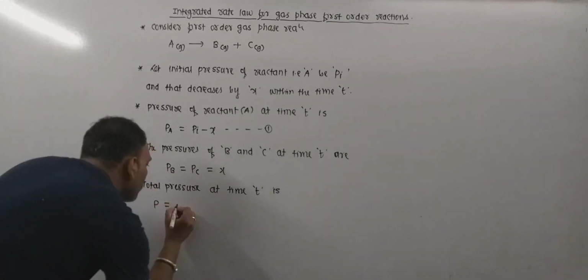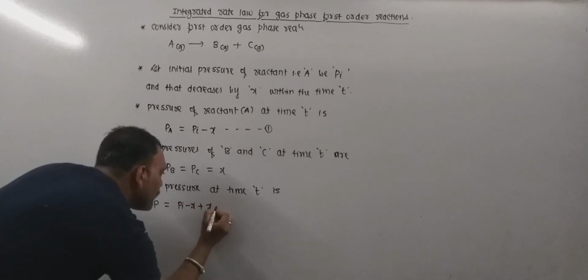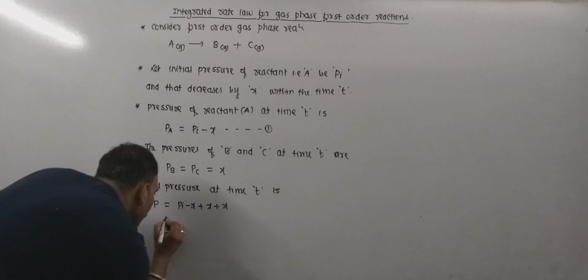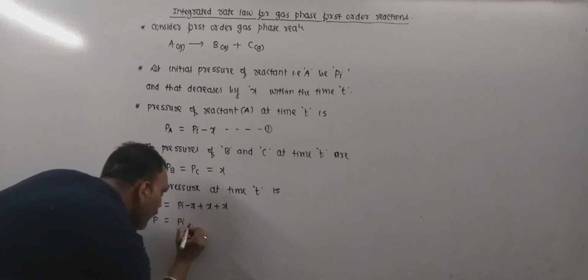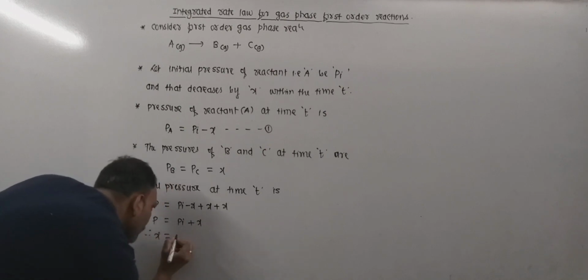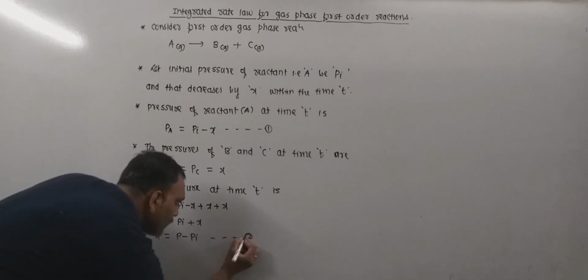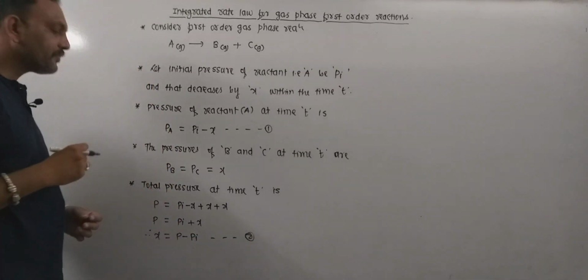So total pressure will be Pi minus X plus X plus X. Now this gives P is equal to Pi plus X. Therefore X is equal to P minus Pi. Let this be equation 2.